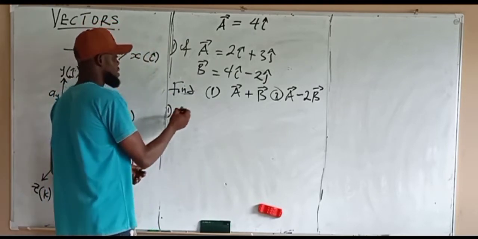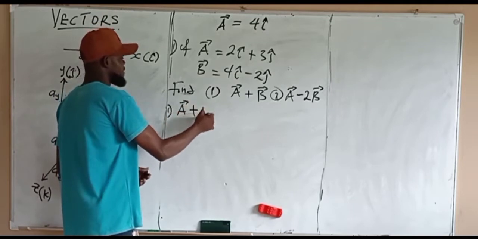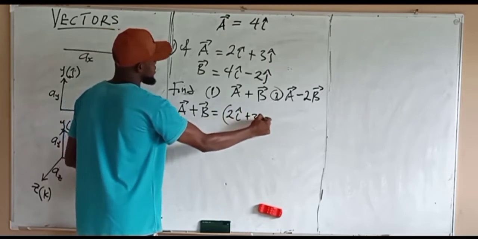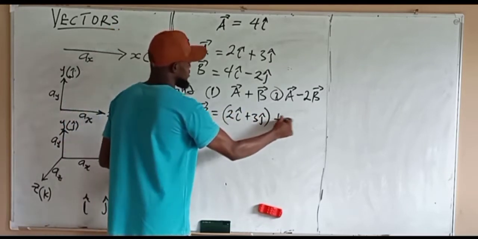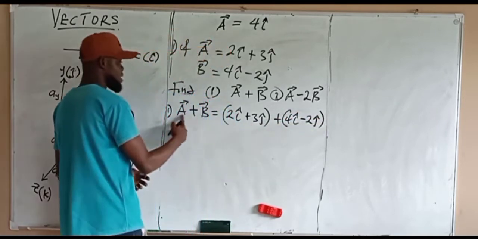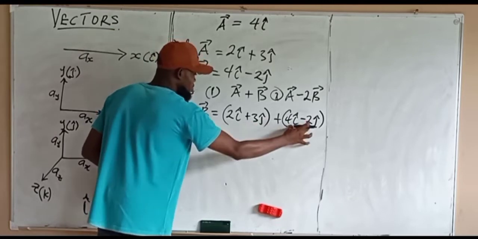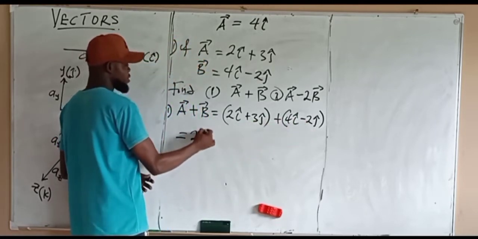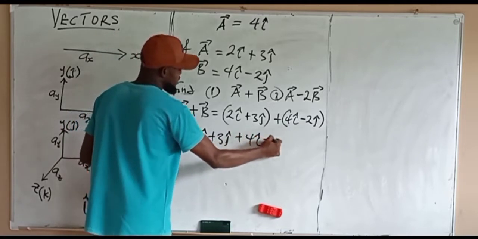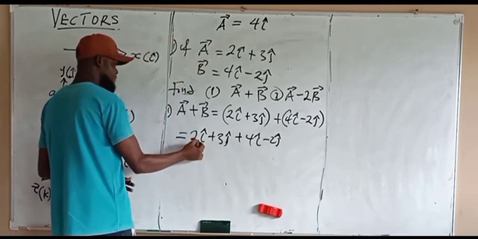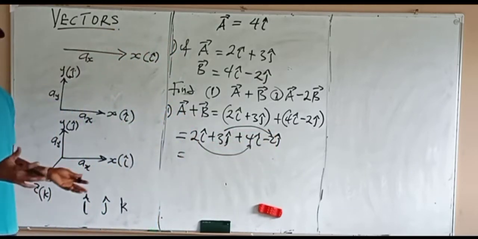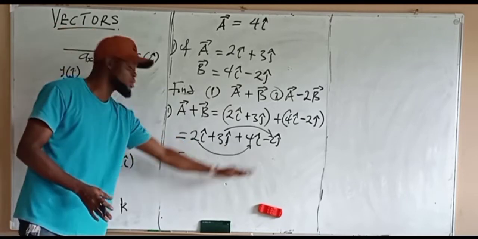For example, for the question, A plus B: what is vector A? 2I plus 3J. What is vector B? 4I minus 2J. So if I ask what is A plus B, I'm going to have vector A plus vector B. That will be equal to, first you put the bracket, (2I plus 3J) plus (4I minus 2J). Next thing, add like terms together, those that have the same unit vector.